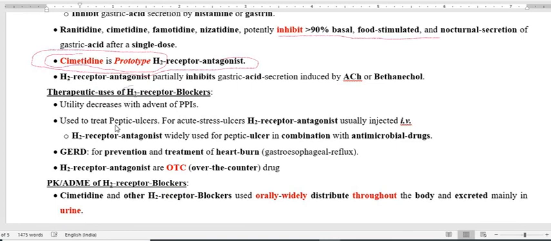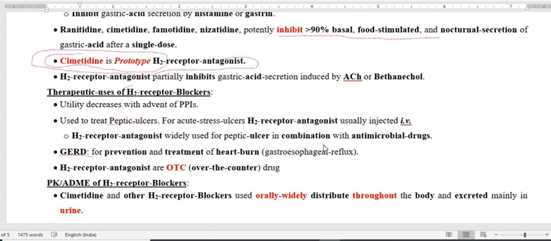They are used for the therapy of peptic ulcer, GERD, and Zollinger-Ellison disease, and also used with other antimicrobial drugs which kill the bacteria participating in the formation of peptic ulcer, that is Helicobacter pylori.